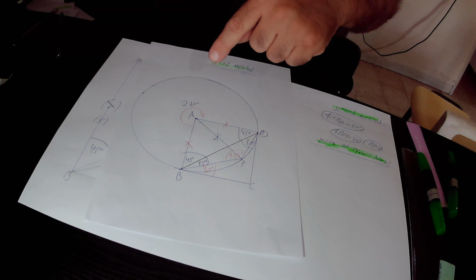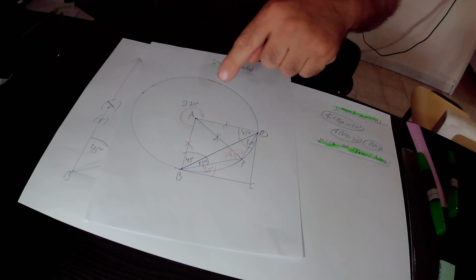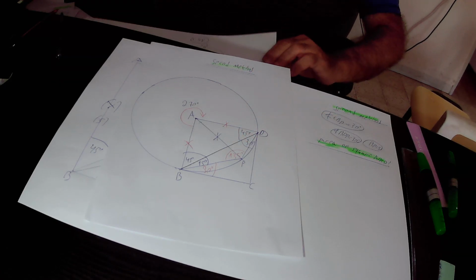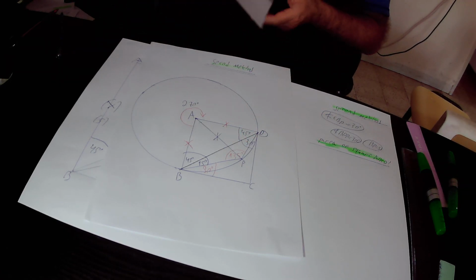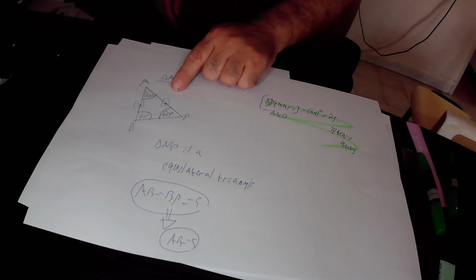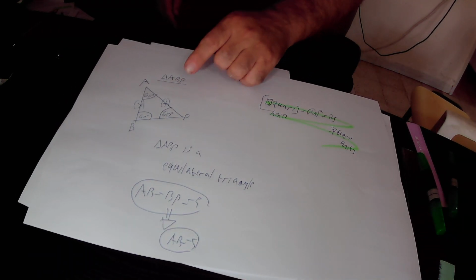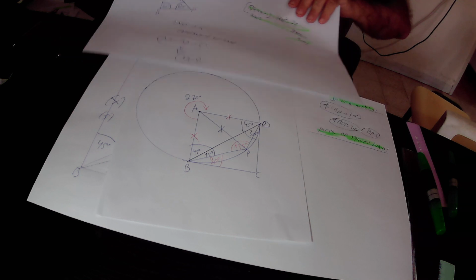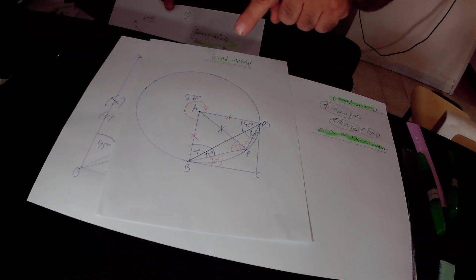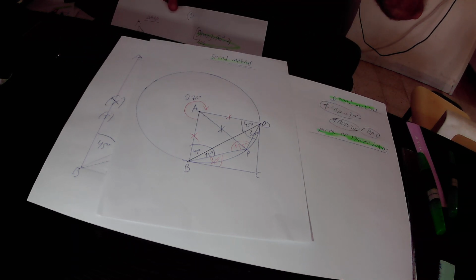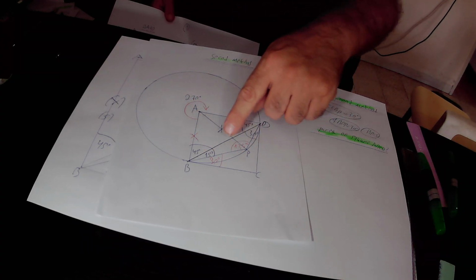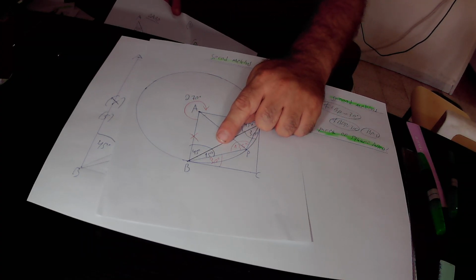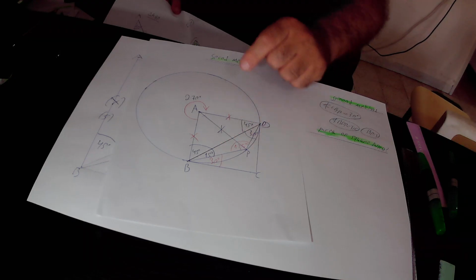In the next step, we copy triangle APB onto a new page and analyze this triangle. This is triangle APB, taken from the original drawing. Angle ABP equals 45 degrees plus 15 degrees, which is 60 degrees.